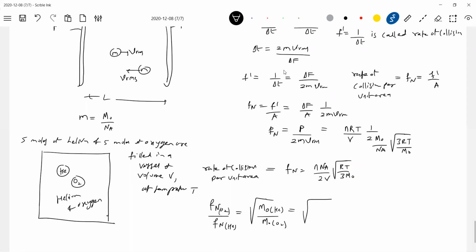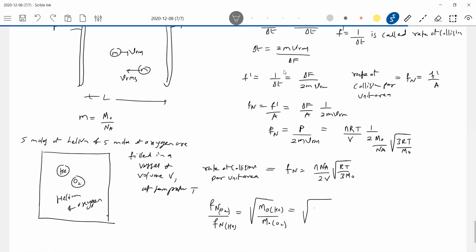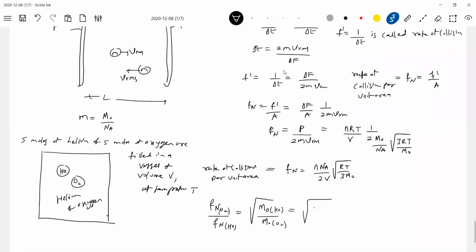What is the molecular mass of helium? 4. And the molecular mass of oxygen, 16. So 1 by 4, that is 1 by 2.